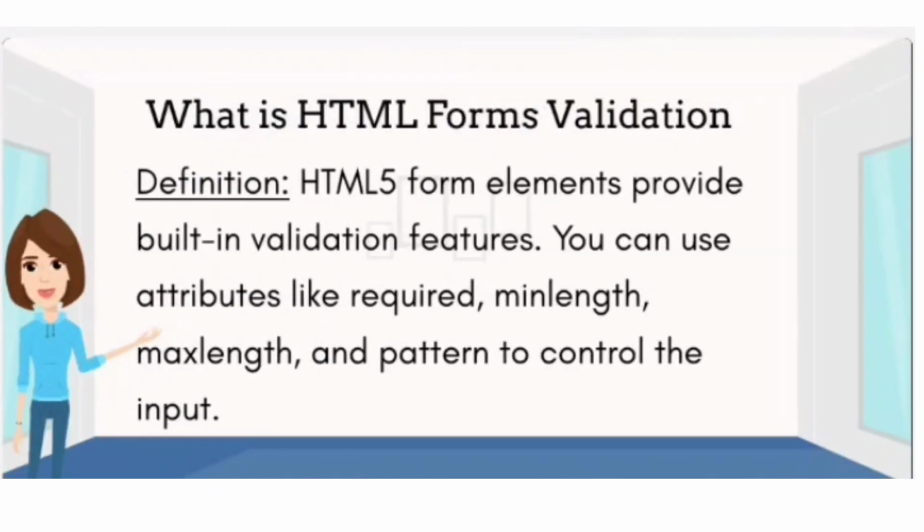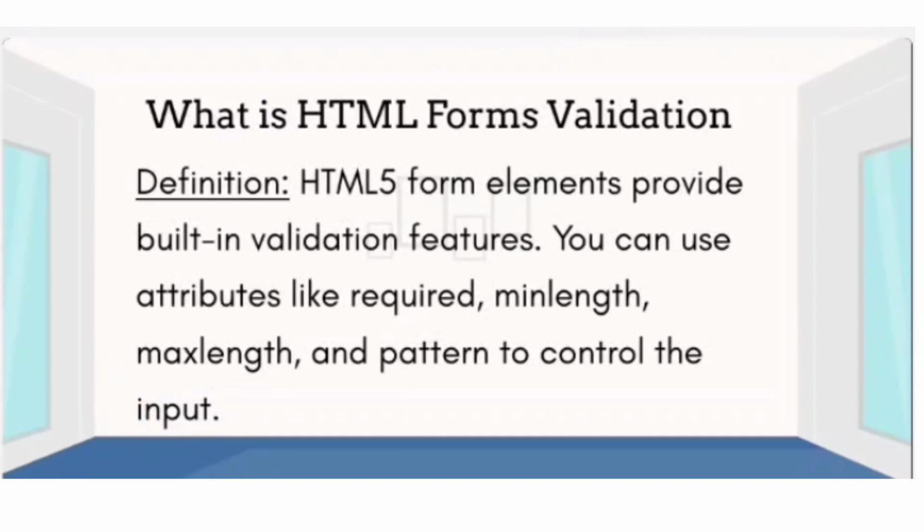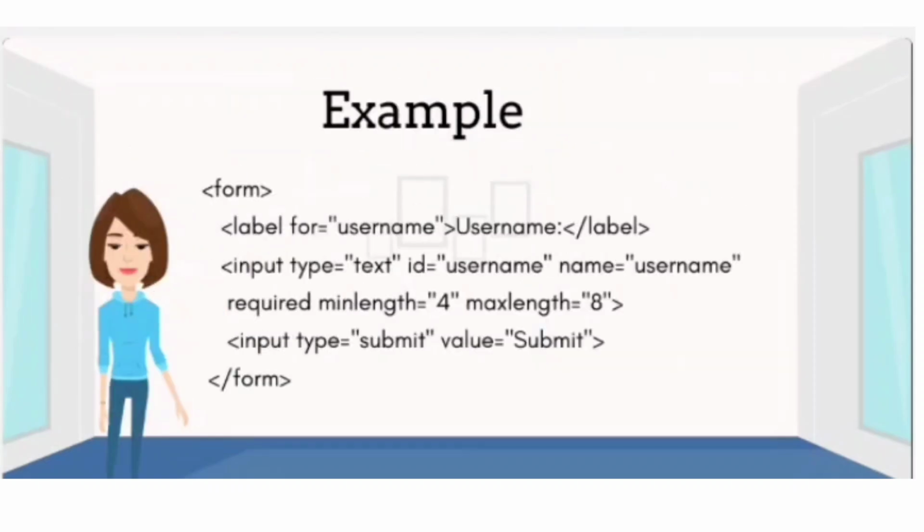HTML form validation. What is HTML form validation? HTML5 form elements provide built-in validation features. You can use attributes like required, minlength, maxlength, and pattern to control the input. Here is the example.